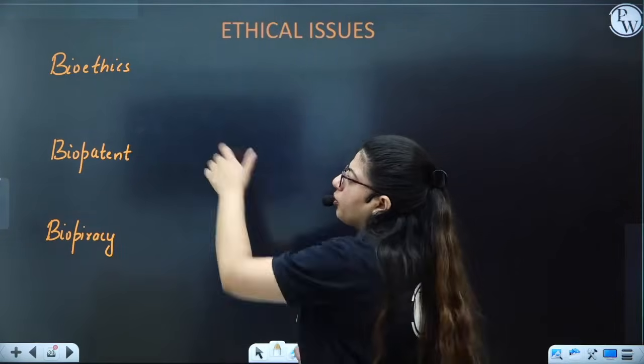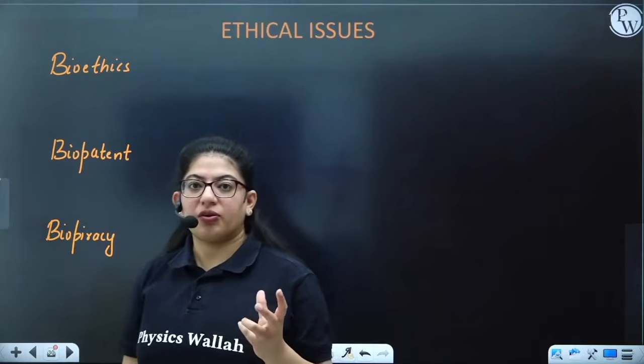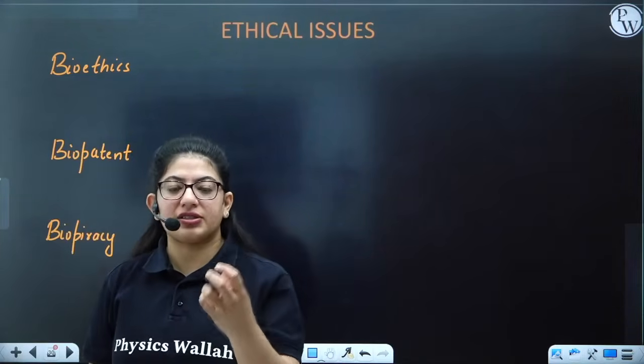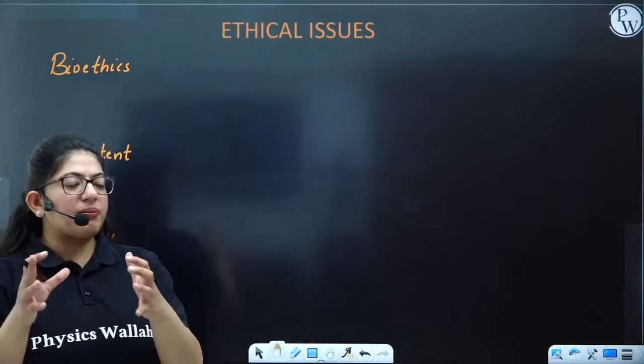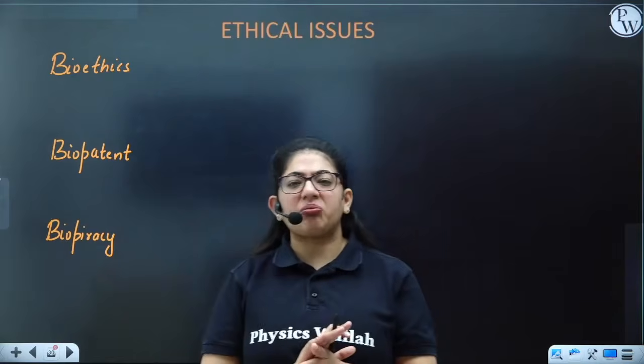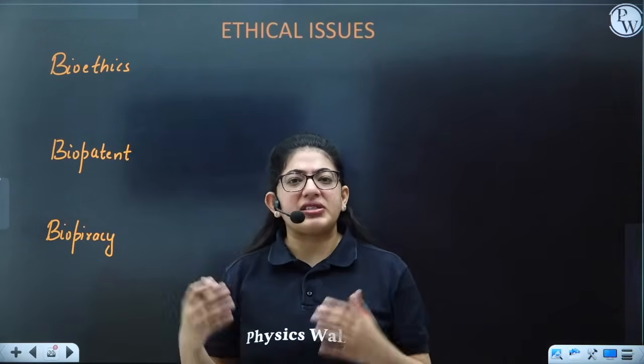First of all, we'll talk about the bioethics. Ethics means the set of standards. So there must be a control on what research is going on, otherwise we will make something havoc that can create a lot of mess in the society.